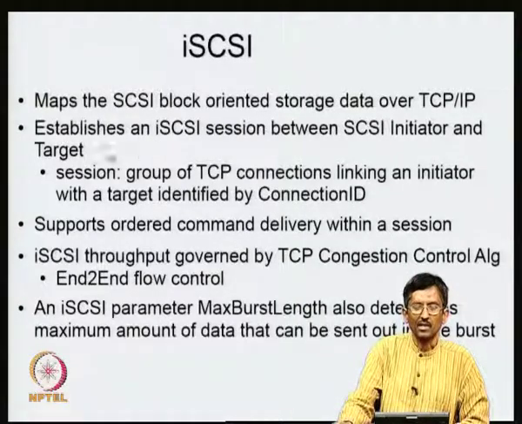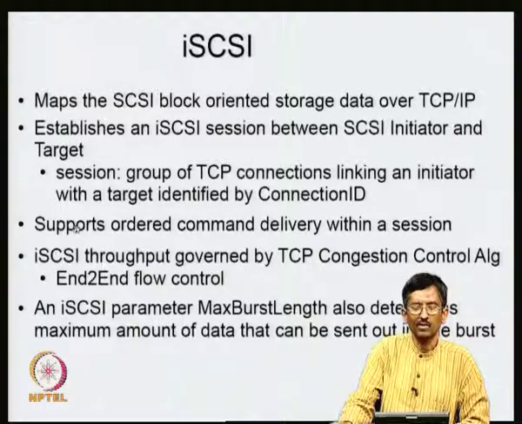So here what we do in iSCSI is we create a session between the SCSI initiator and the SCSI target. What's the session? It's a group of TCP connections linking an initiator with a target, and this group is identified by a connection ID.